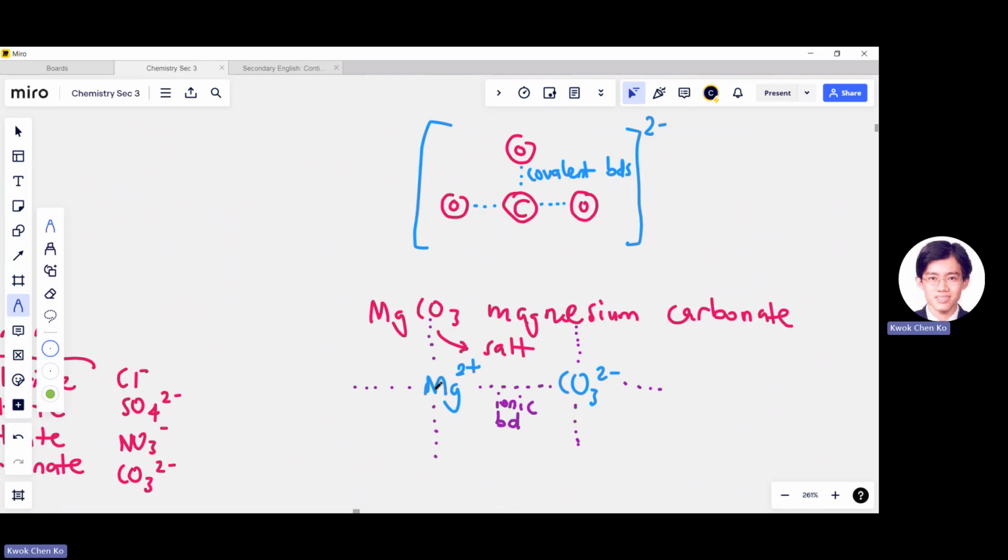Lastly, so magnesium carbonate, is it still considered an ionic compound? Answer is yes. Guys, even though I say that it contains both ionic and covalent bonds, it is still an ionic compound. We still call it an ionic compound because it's the ionic bonding that dominates. Remember, it's a giant ionic structure.